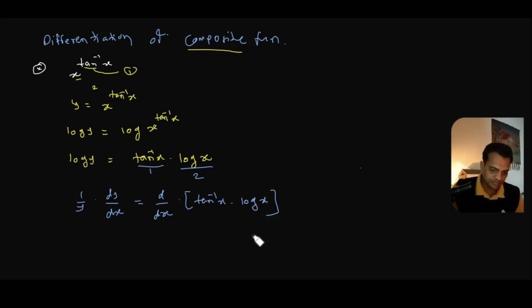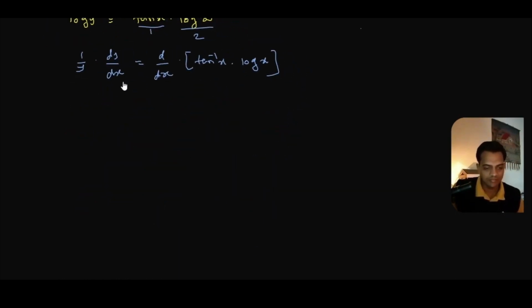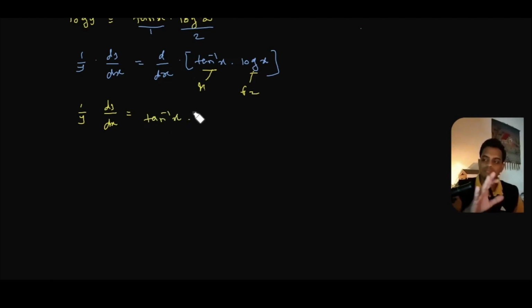Now how to solve this? The left side will be as it is, 1 upon y into dy by dx. For the derivative of two functions in multiplication, the first function we keep as it is, into the derivative of the second.